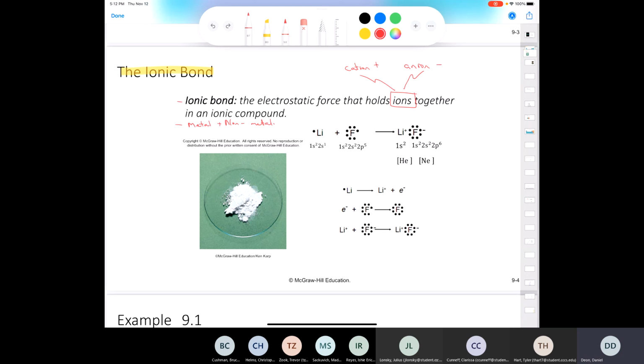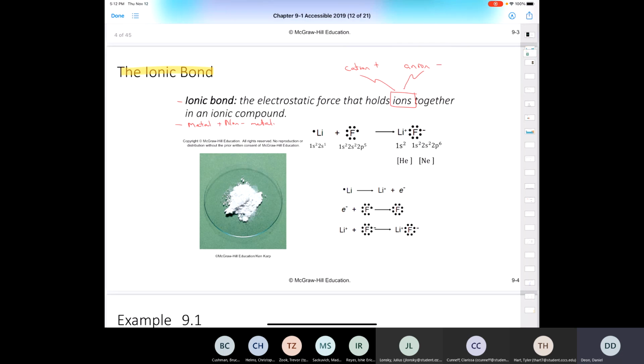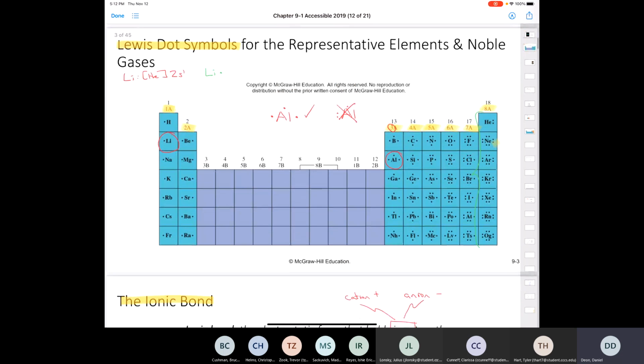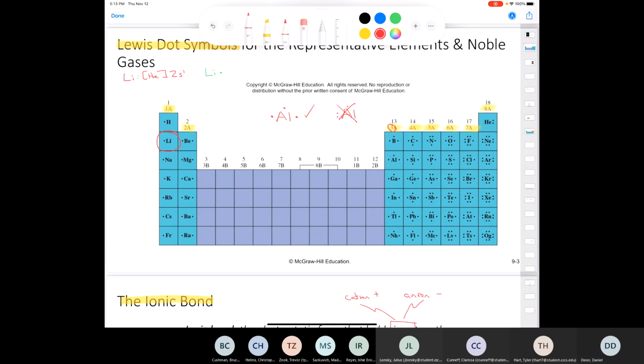Well, what do we know about metals? We know that metals like to lose electrons. What do we know about nonmetals? We know that nonmetals oftentimes like to gain electrons. If we go back and look at our periodic table for a second, if we just think about those two elements, lithium and fluorine, what's the closest noble gas to lithium? The closest noble gas is helium.